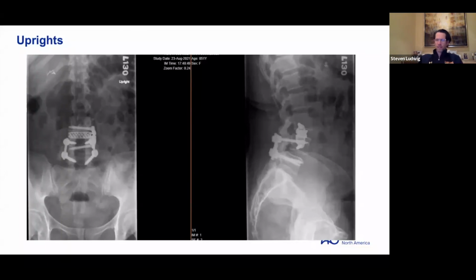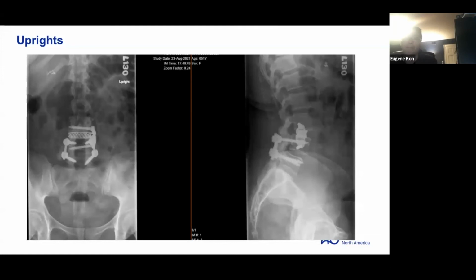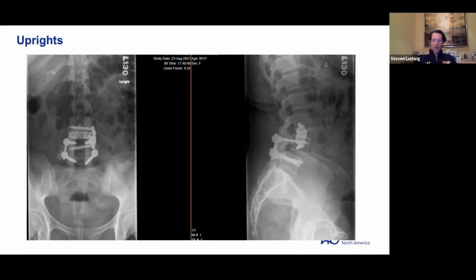So I would say in the face of a normal, non-osteoporotic spine, doing an adjacent segment construct like Jack had done and brought up here makes sense.